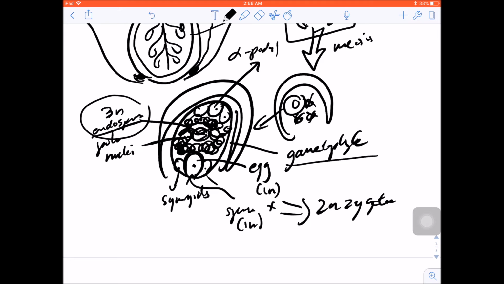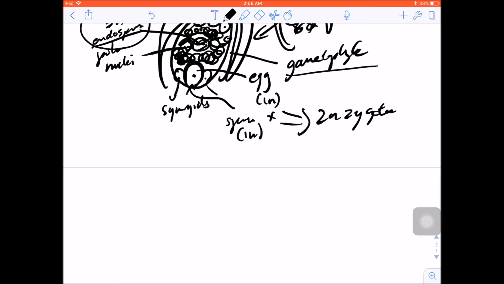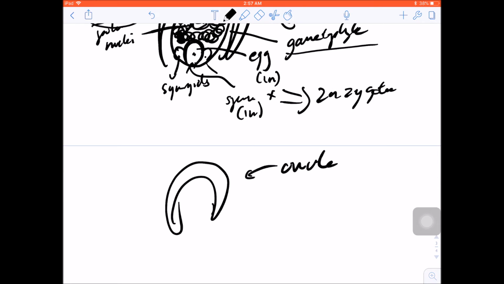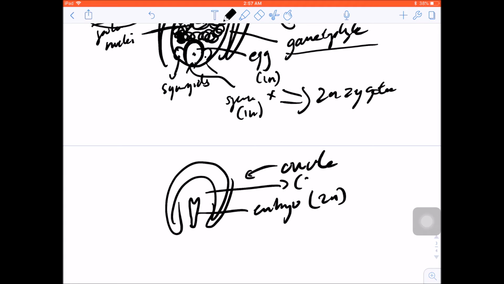Other than that, now you have this resulting structure, the ovule, which will become the seed. I guess at this point in time, it's almost a seed already, where you have the embryo, which is 2N, and you have the 3N endosperm.